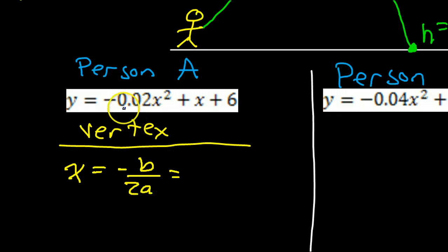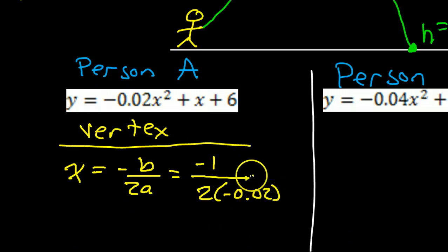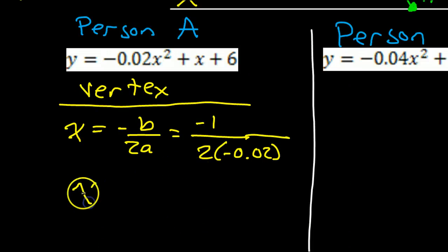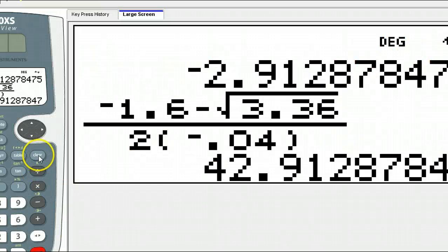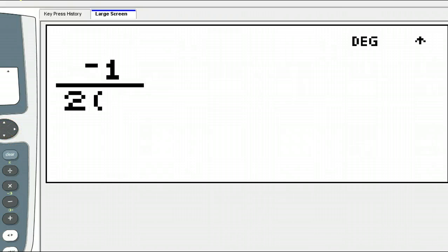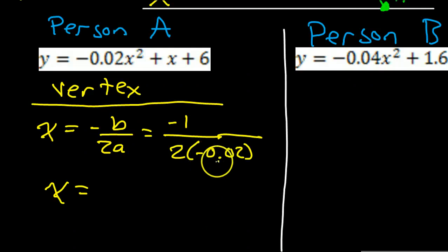So that's going to be, B is 1, so opposite of B will be negative 1 over 2 times negative 0.02, because that's A. Okay, so that turns out to be, let's see, negative 1 over 2 times negative 0.02, fraction mode.